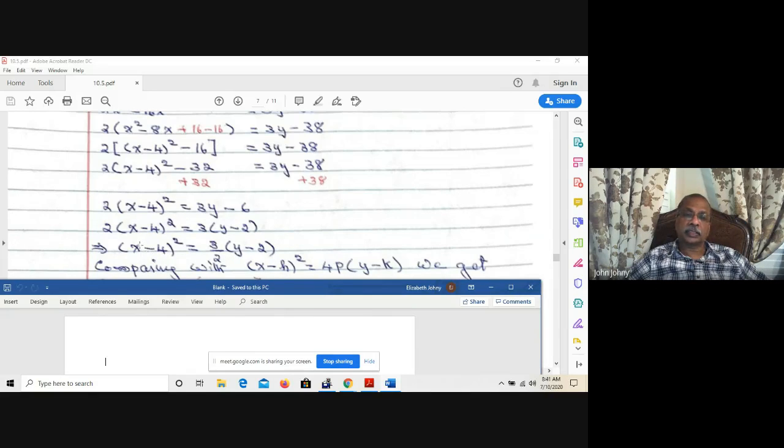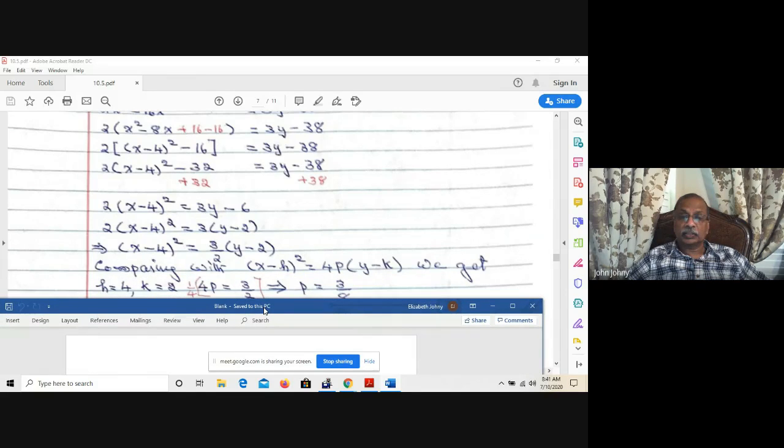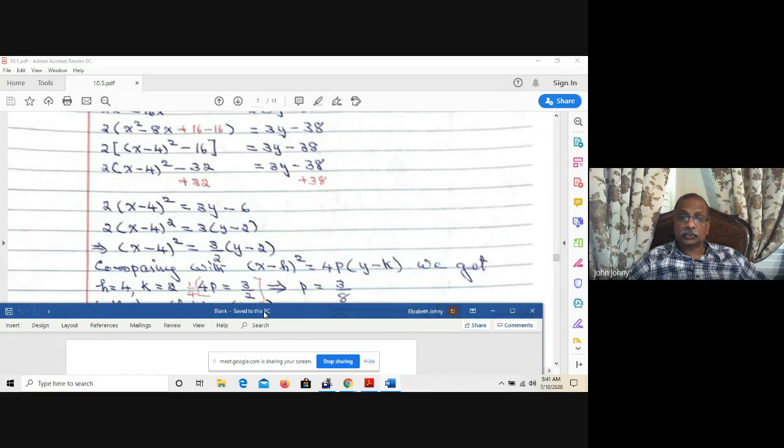The formula in this case is (x minus h) the whole square is equal to 4p times (y minus k). You get h is equal to 4, k is equal to 2, 4p is equal to 3 over 2. Divide that by 4, you get p is equal to 3 over 8.